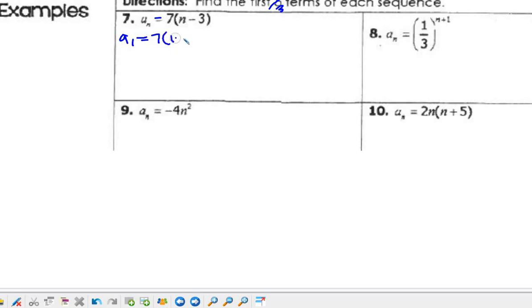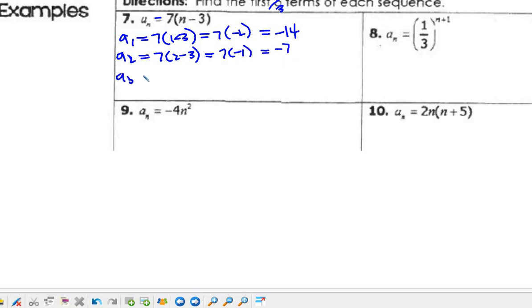So 7 times 1 minus 3, which would be 7 times negative 2, which is negative 14. A sub 2, going to plug in a 2. So 7 times 2 minus 3 is 7 times negative 1, which is negative 7. A sub 3, 7 times 3 minus 3, which is 7 times 0, which is 0.